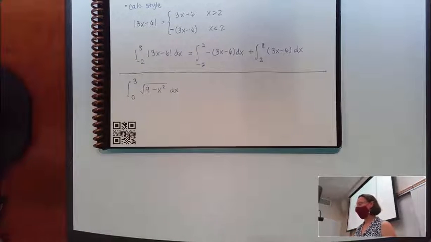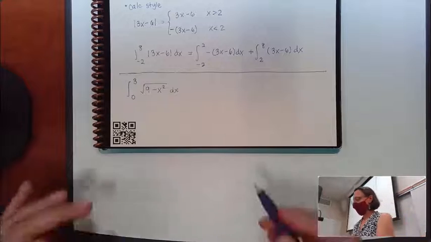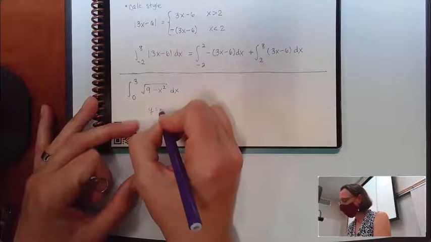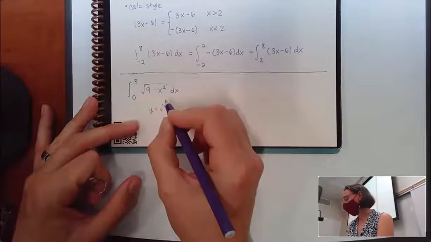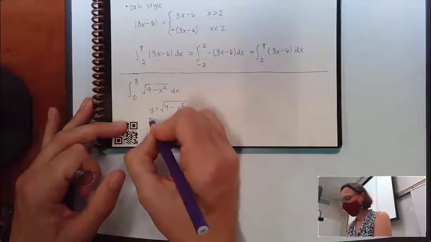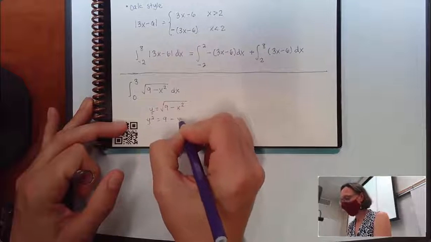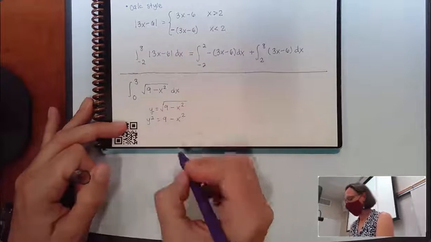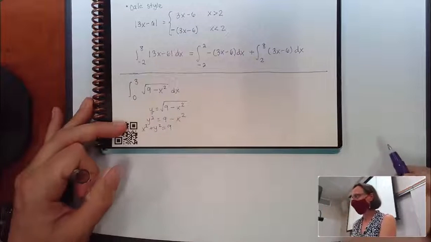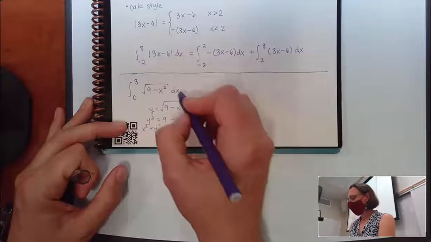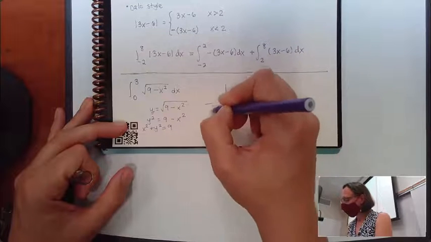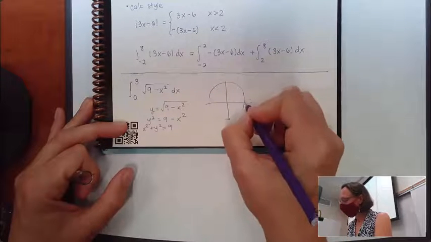So in this same section of the textbook, the trick is to recognize that that means our function was like y equals the square root of 9 minus x squared. But if I square both sides and then add the x squared over, it's a circle. So this is equivalent to thinking about this circle with a radius of 3.